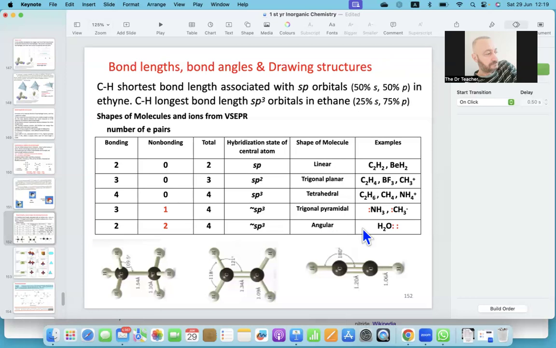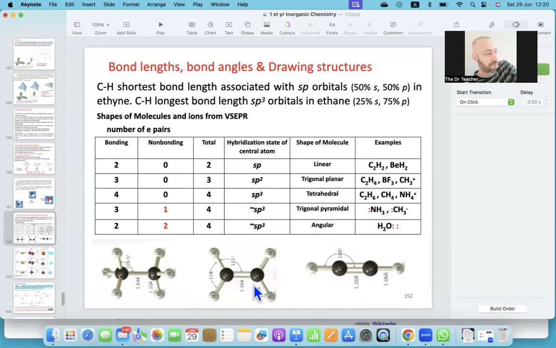In water, we have 2 OH bonds. We have 2 lone pairs belonging to the oxygen, and these will repulse the other 2 bonds, and 105 degrees is the bond angle, and we call it angular. The angular, and you see here the acetylene, which is linear.